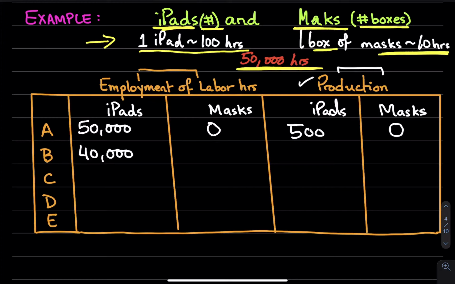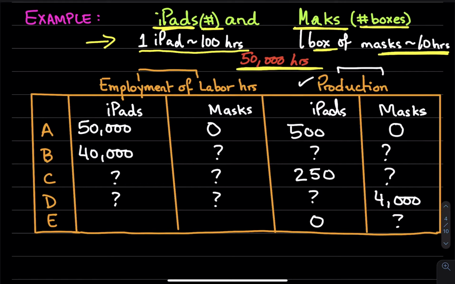What you want to do is calculate these different blanks, and as far as point C is concerned, if I'm telling you that we are producing 250 iPads, you should be able to compute these 3 question marks. And similarly, you want to fill up this row, and finally, because we like zeros, here is another row that you want to compute.